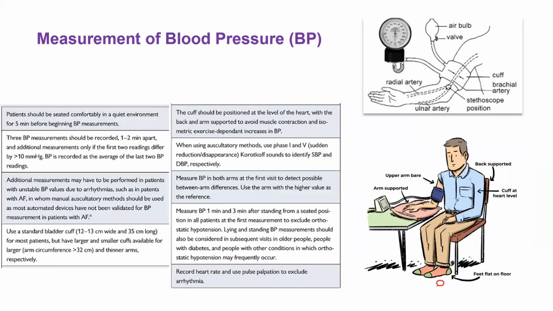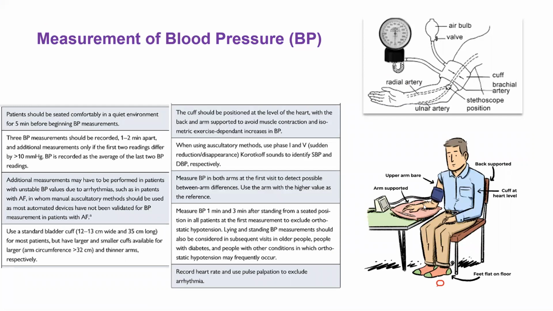About measurement of blood pressure, there are simple rules, and I hope that you know them. Let's look at this patient. We pay attention to the position of his body and his back. His back is supported.